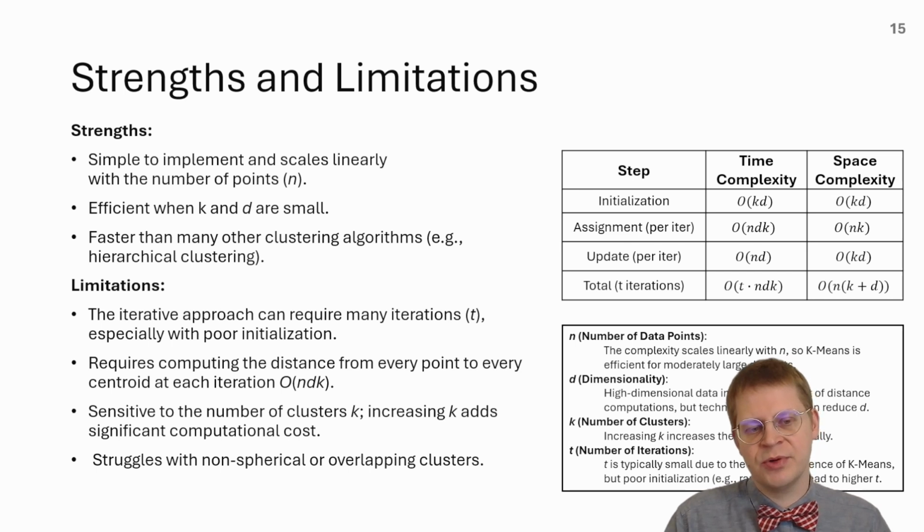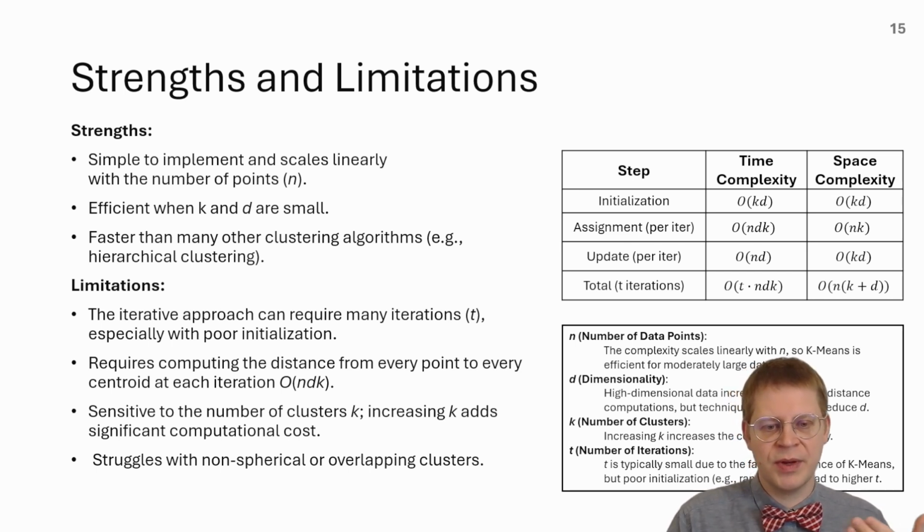Let's look at the complexity breakdown. The total complexity depends on the number of points, dimensions, clusters, and iterations. While the algorithm typically converges quickly, poor initialization or high dimensionality can increase it, making it computationally expensive.